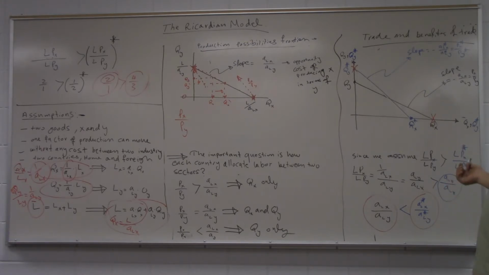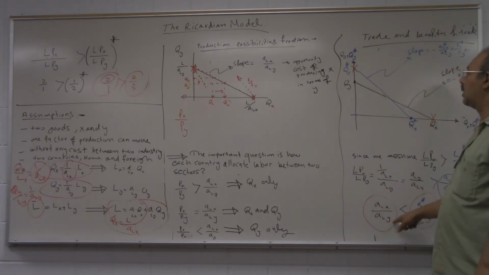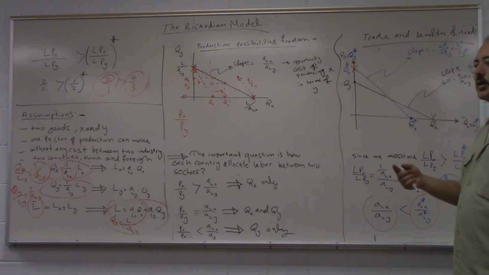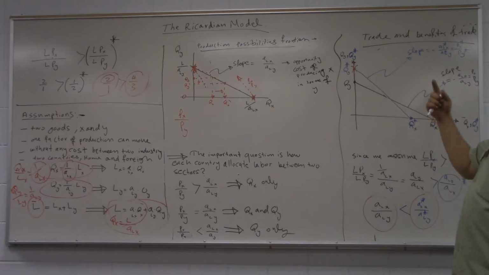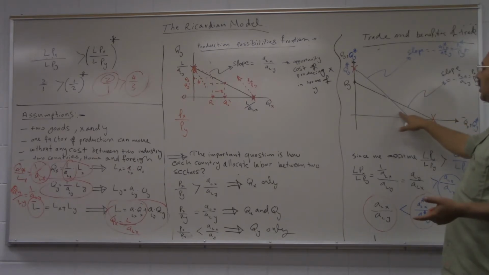And because we said that the opportunity cost of good X in terms of good Y is just the slope of the production possibility frontier, the slope of the production possibility frontier of the home country is less than the slope of the production possibility frontier in the foreign country.